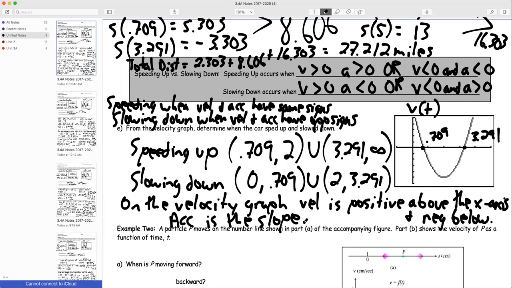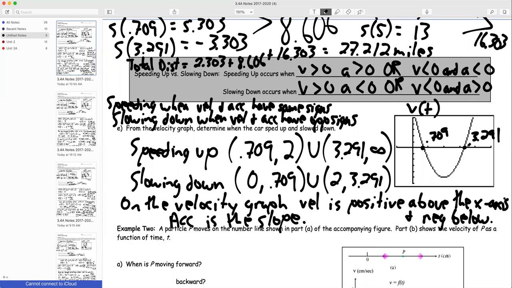Yes. So how come when this line goes down you start at 0 and you don't say negative? Well, when does the time start? Why is it not speeding up from 2 to 3? Because my velocity is negative. Since this is a graph of the velocity equation, this is below the x-axis from 2 to 3.291.